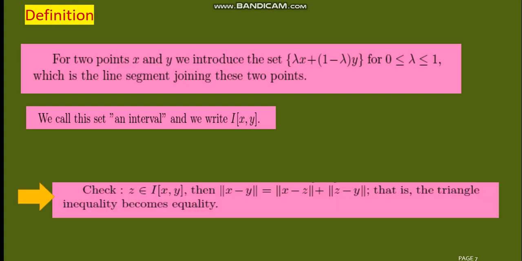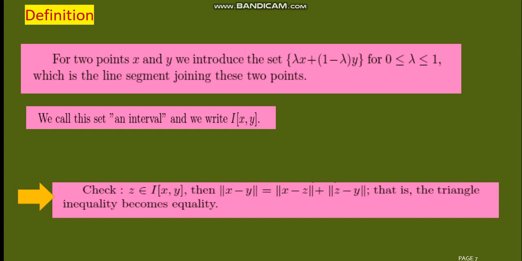You please check, whenever z belongs to that interval, we must have norm of x minus y equal to norm of x minus z plus norm of z minus y. The triangle inequality becomes linear actually, right? So equality holds. You please check.